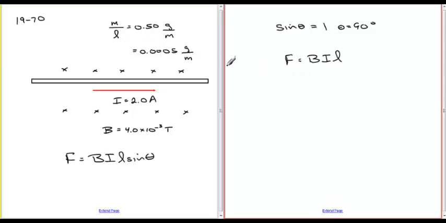We worked a similar problem where we converted the mass per unit length into weight per unit length by multiplying by g. That would give us the weight per unit length.